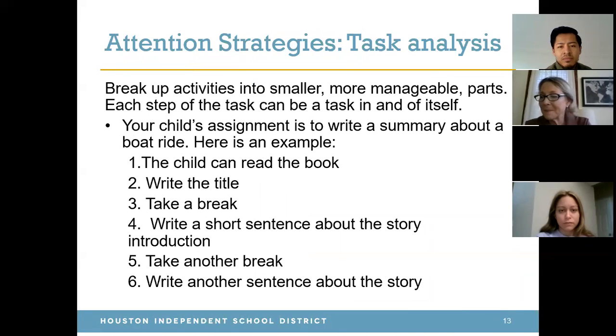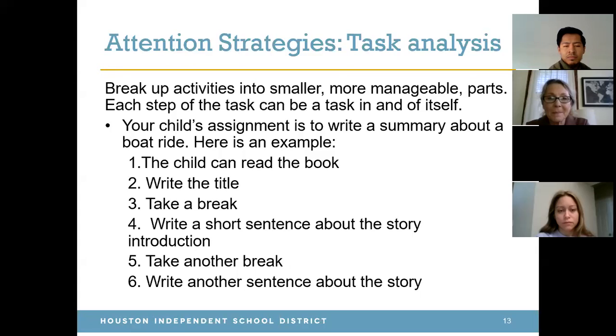Additional attention strategies, task analysis. Break up activities into smaller, more manageable parts. Each step of the task can be a task in and of itself. For example, if your child has an assignment to write about a boat ride, here's an example of how to break that down into a task analysis. Number 1, the child can read the book.